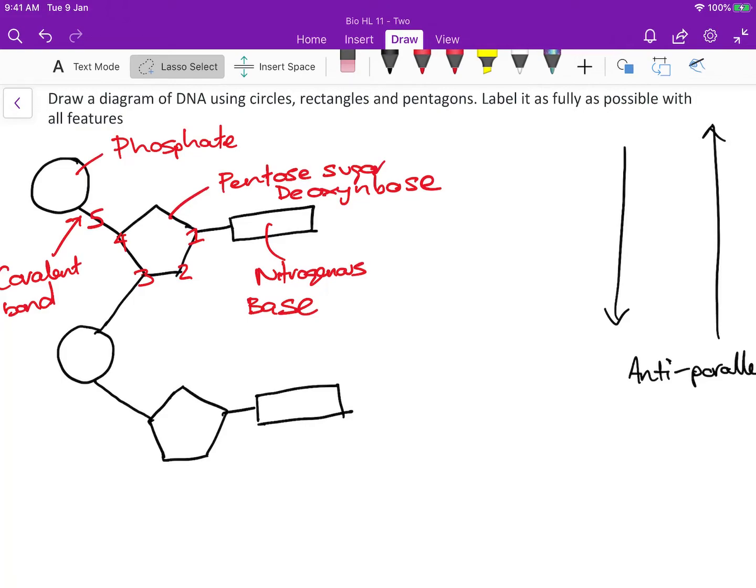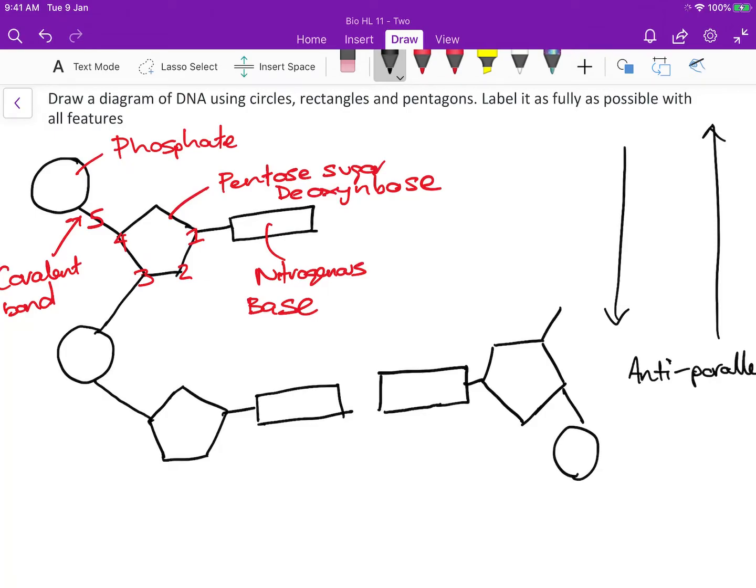And then what I'm going to do is, to make sure they match up, I'm going to start at the rectangle. And then I'm going to draw the same thing that we had on the other side. I'm going to link it to my pentagon. I'm going to draw a phosphate up at the top. I'm then going to go down to a phosphate.